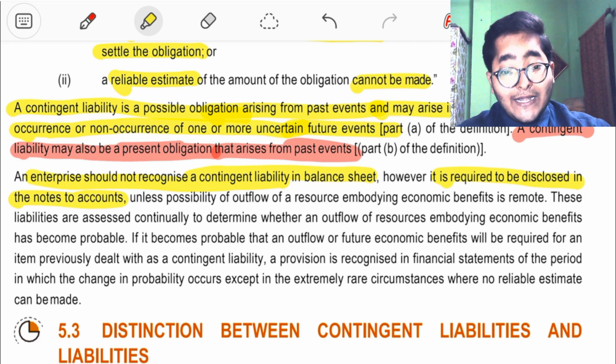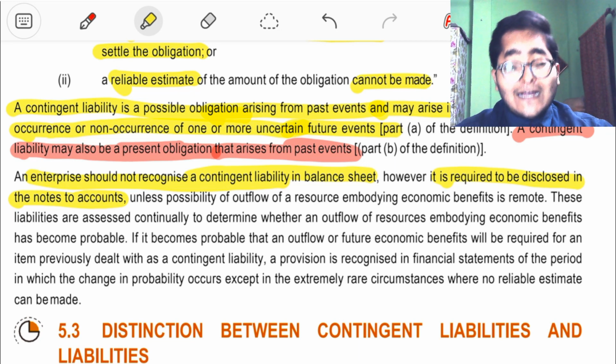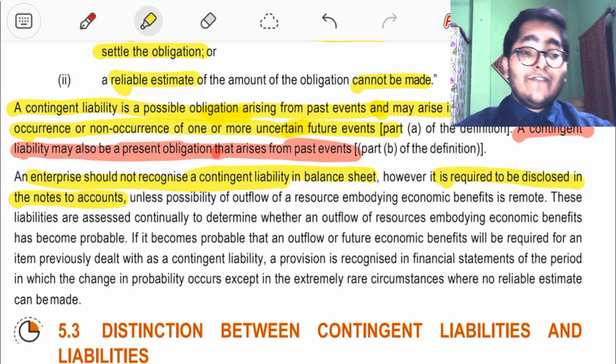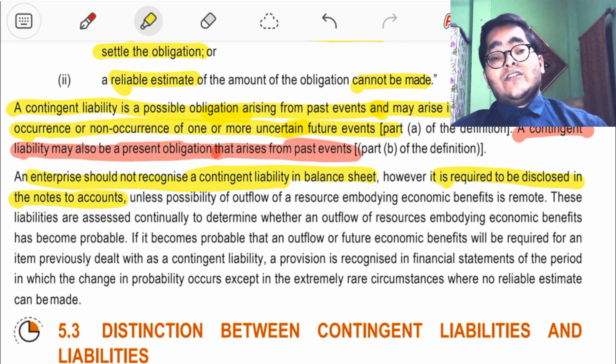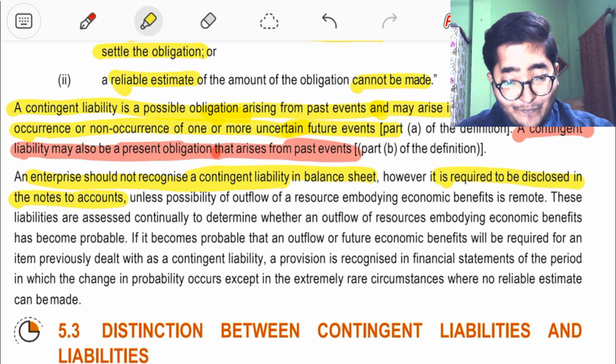There is a continuous assessment of a contingent liability's probability, or the occurrence or non-occurrence of any uncertain future event on which the recognition of that contingent liability is dependent.